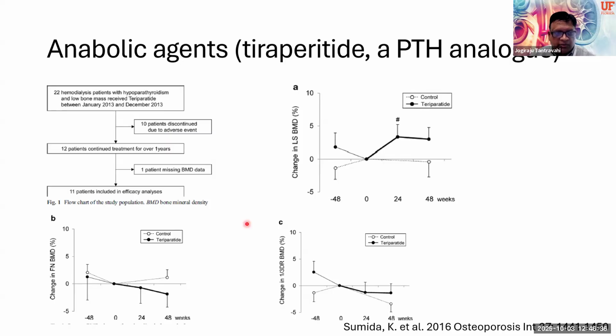So in our patients with end-stage renal disease who have low bone mass or adynamic disease, this anabolic drug might yet be an important adjunct to therapy or even primary therapy in some of our patients.